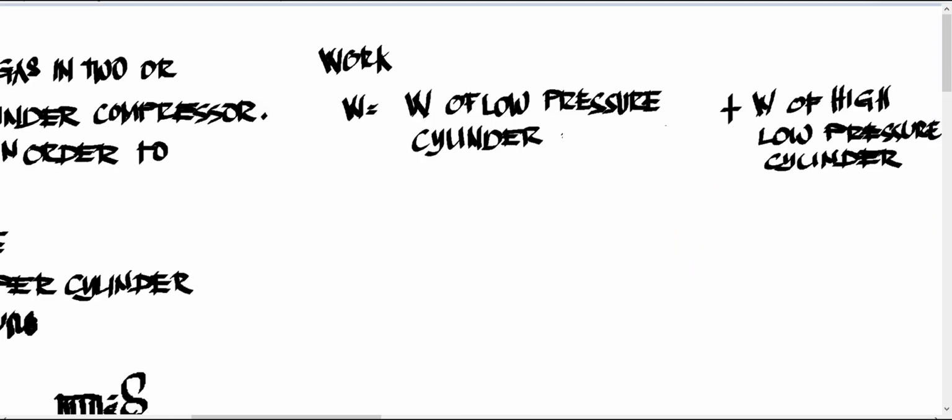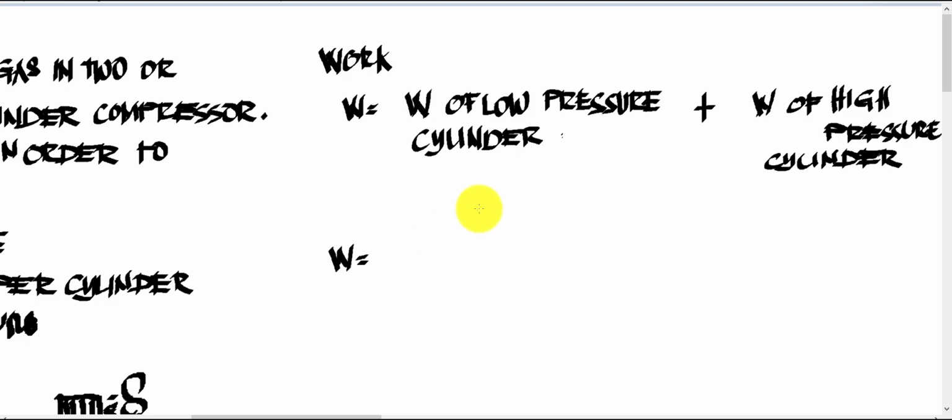Okay. Now for the work, that will be equal to the work of the low pressure cylinder plus the work of the high pressure cylinder. So that will be the corresponding work of the system.